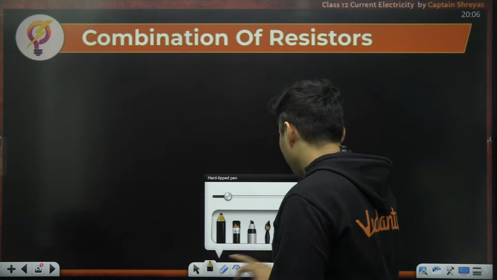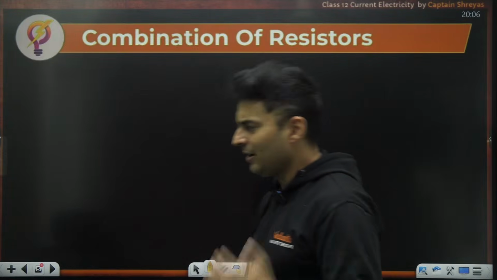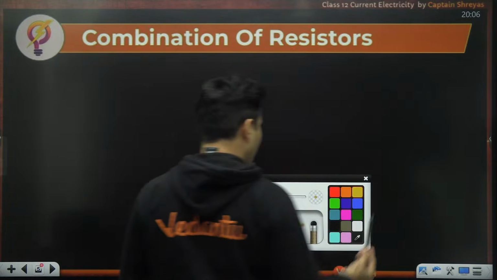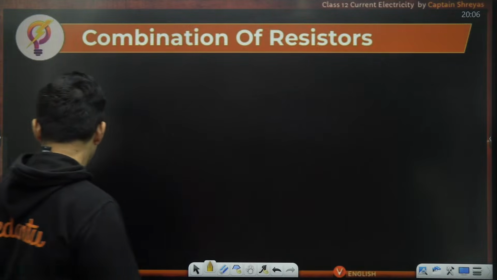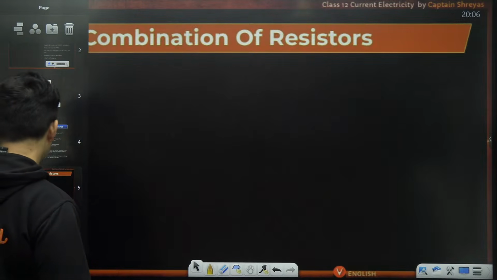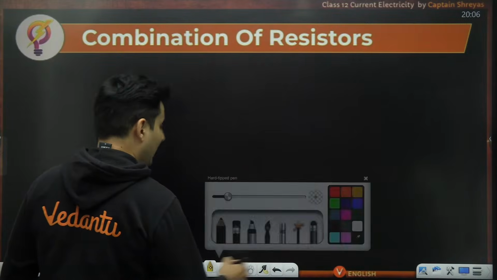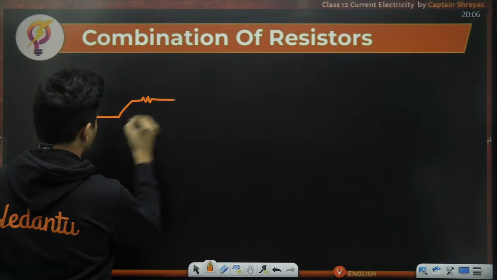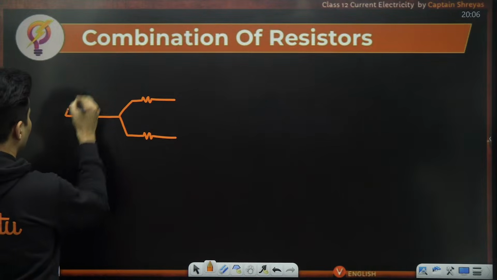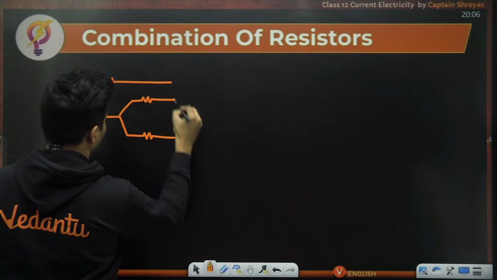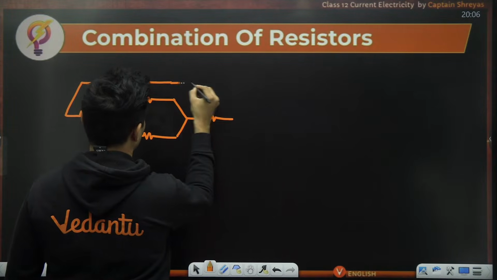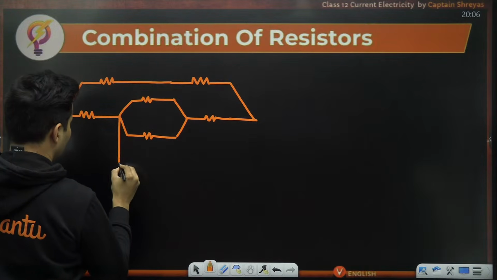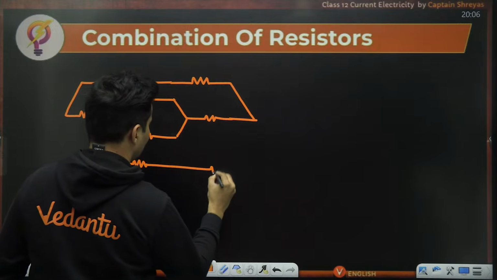Now, this particular part you might have studied in 10th standard. Well, most likely, but still, it's my duty to recollect those concepts. When we say combination of resistors, what I mean is you might have a complex circuit, maybe like this, then like this, and maybe something like this.